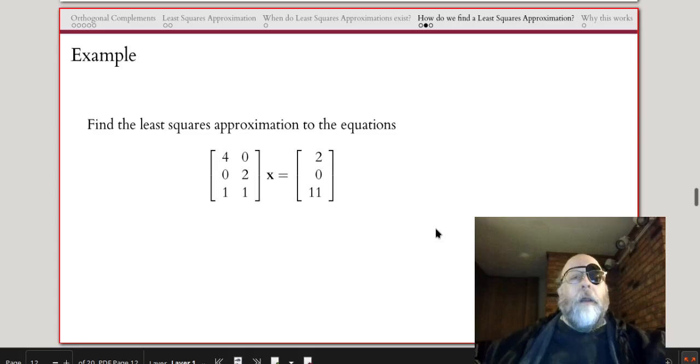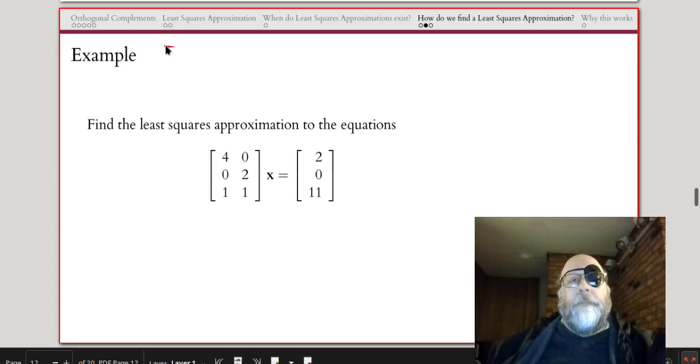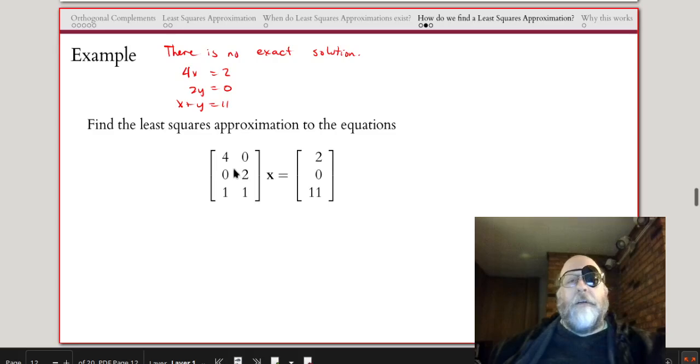All right. So we'd like to find the least squares approximation to these equations here. So there is no exact solution. And the reason is that I know what these equations say. These equations say that 4x equals 2, and 2y is equal to 0, and x plus y is equal to 11.